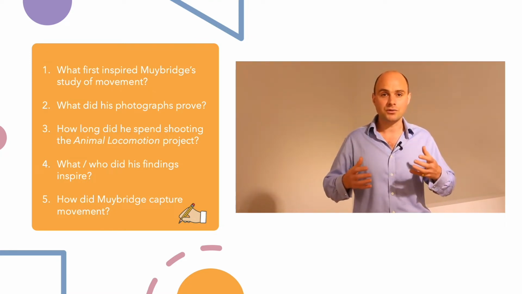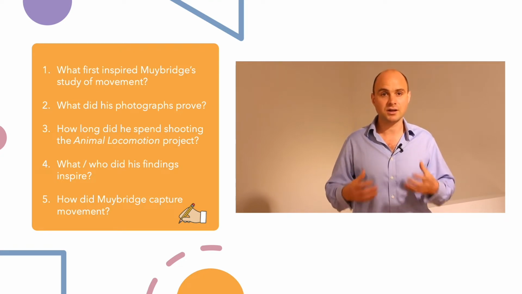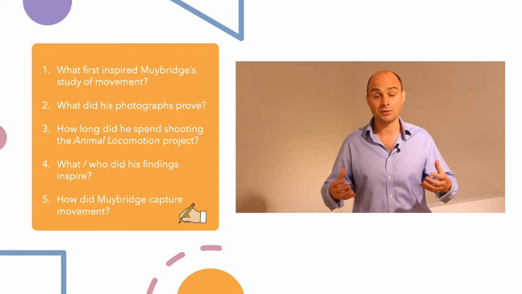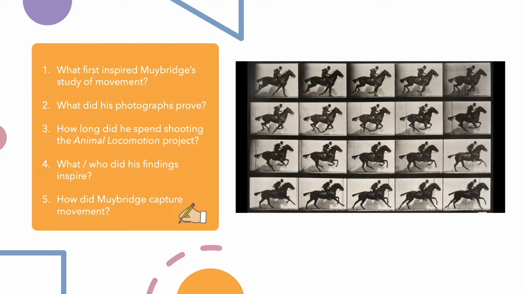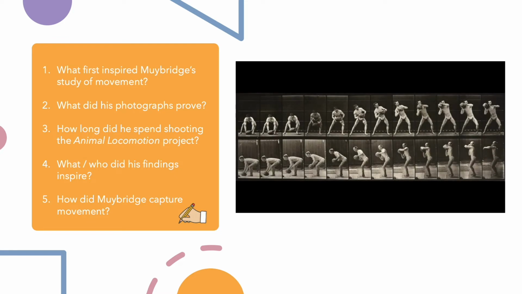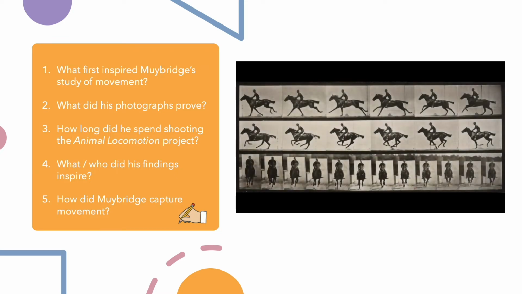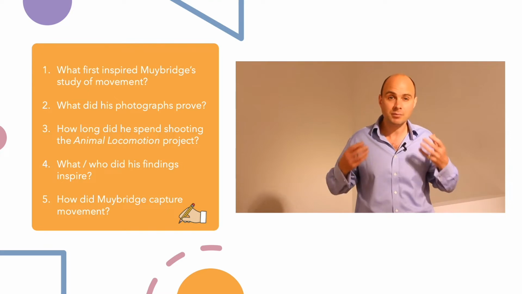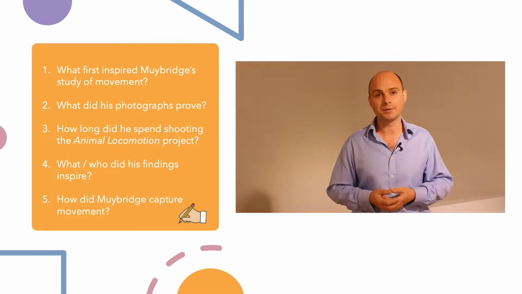He then went on to work on his seminal project entitled Animal Locomotion from 1884 to 1887 at the University of Pennsylvania. Animal Locomotion was Edward Muybridge's most influential and enduring body of work. Funded by the University of Pennsylvania, the project became a wide-ranging, systematic study of movement, and it broke new ground in terms of both science and the emerging art form of photography.